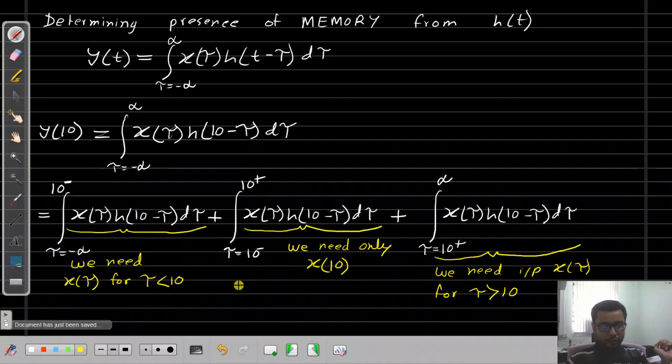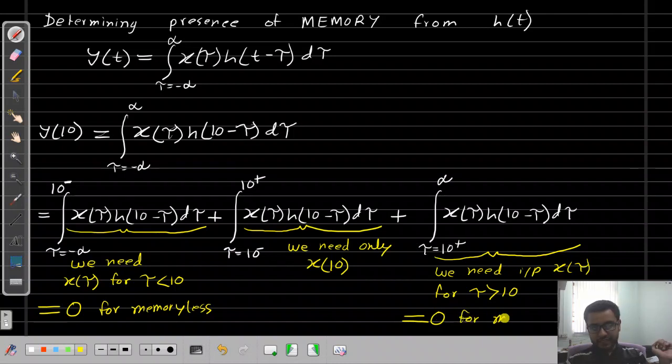So this part of the integration should be 0 for a memoryless system, and this part should also be 0. Only this part should survive.